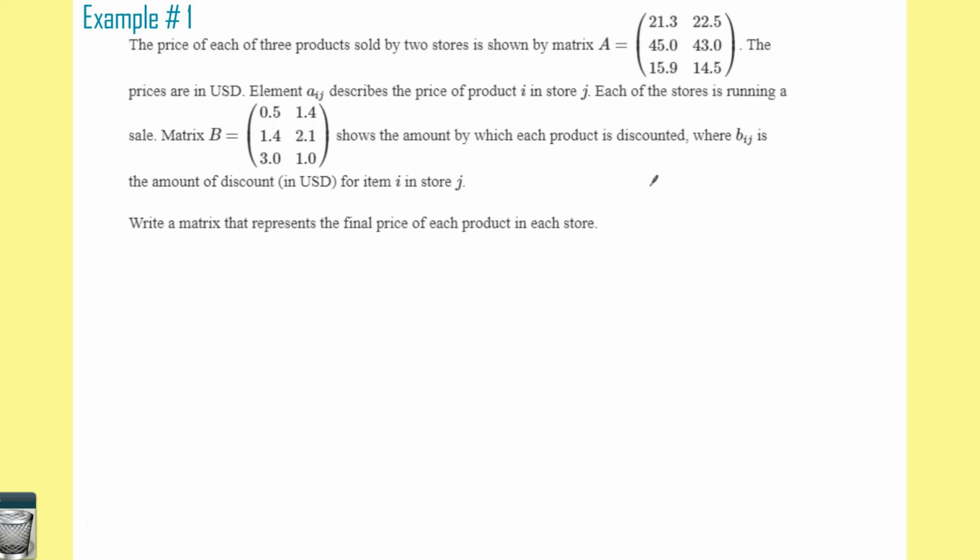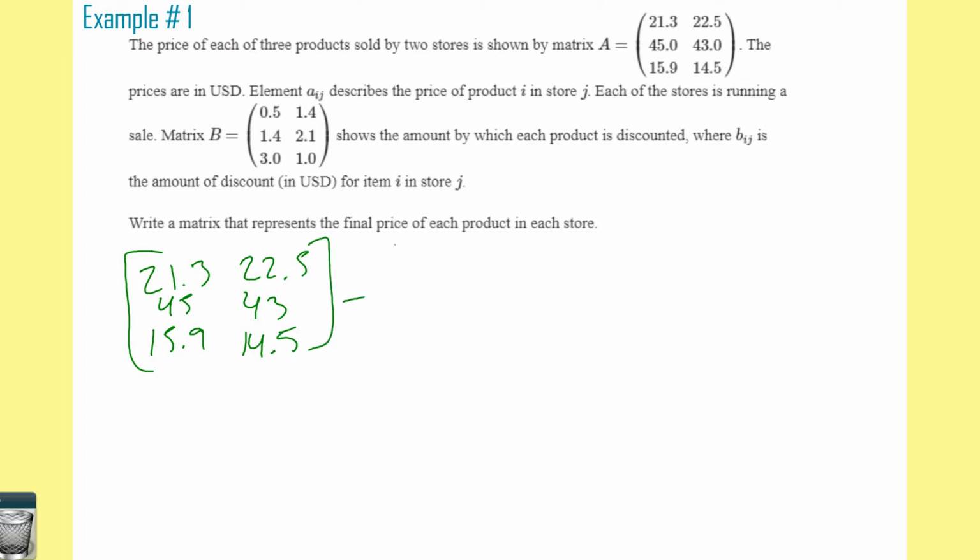We want to find a new matrix that represents the final price. So what we have is our original one: 21.3, 45, 15.9, 22.5, 43, and 14.5. We're going to subtract our discount.